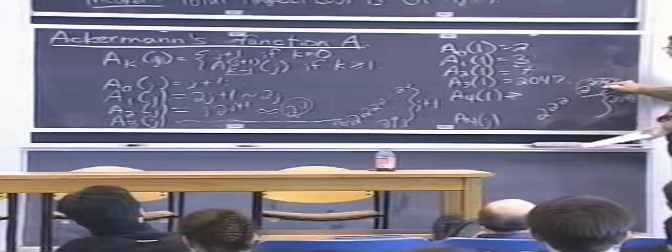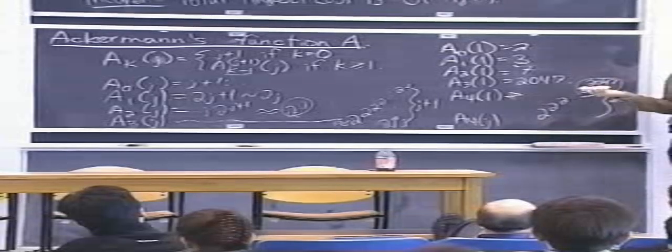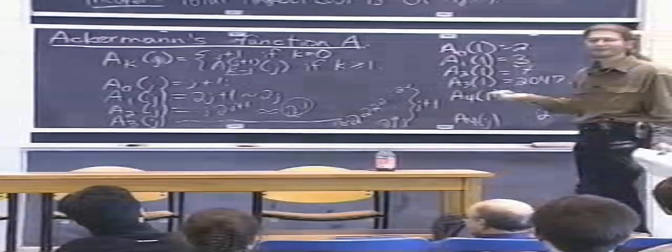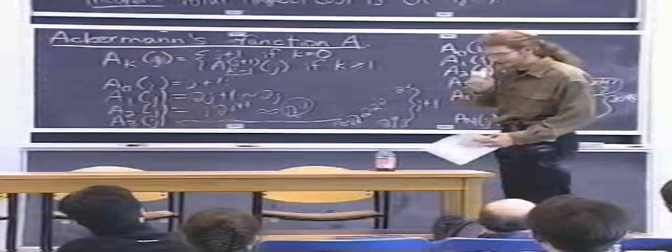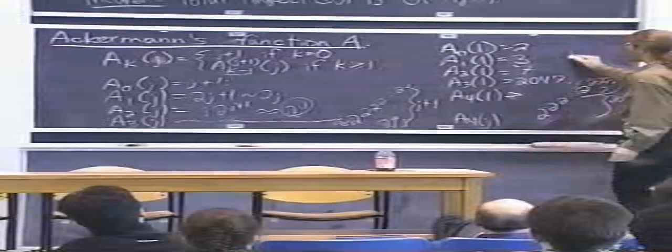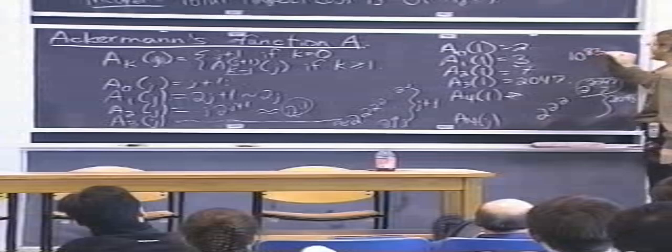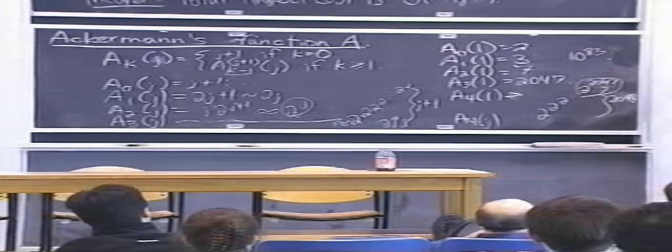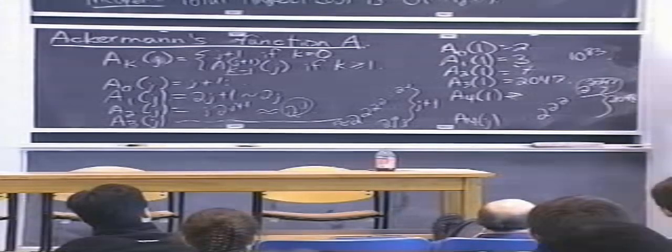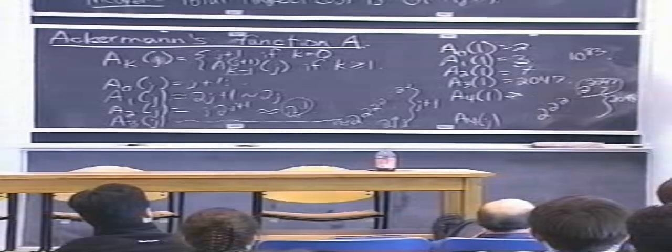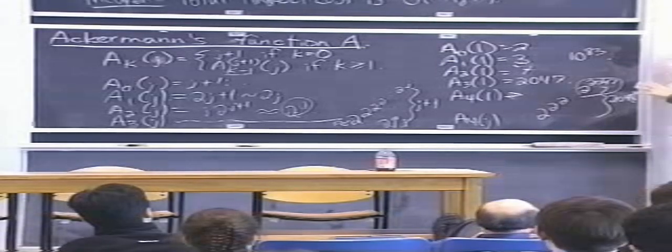2 to the 2047. How many particles in the known universe are there? Who knows? Sorry? 10 to the 40th. Actually, that's pretty weak. I think it's around 10 to the 83. At one point I asked NASA how many particles in the universe there are. They had this Ask NASA webpage. It's about 10 to the 83 if you include all the dark matter that they can roughly estimate, and you double count for protons and neutrons or whatever.